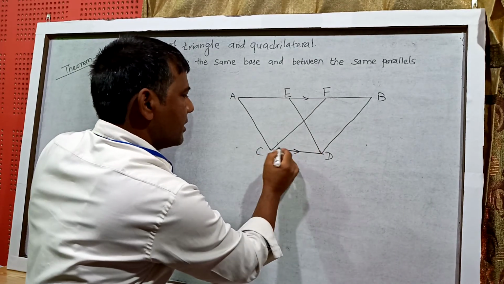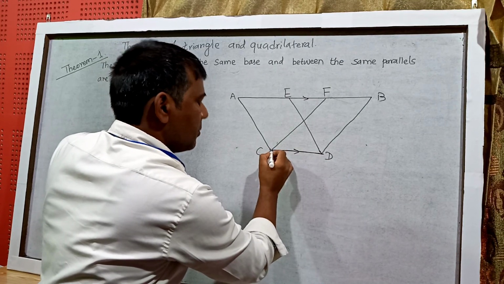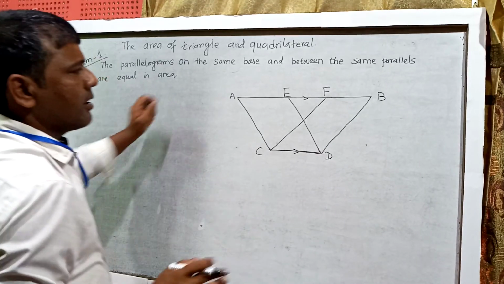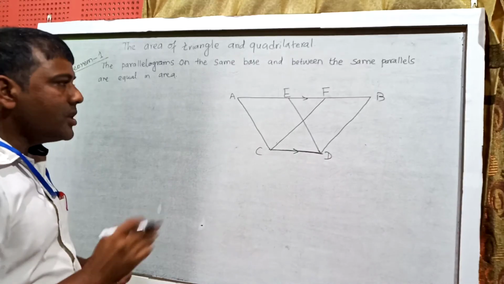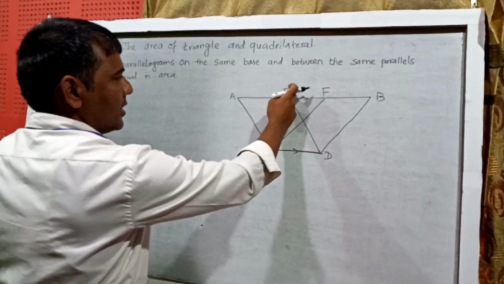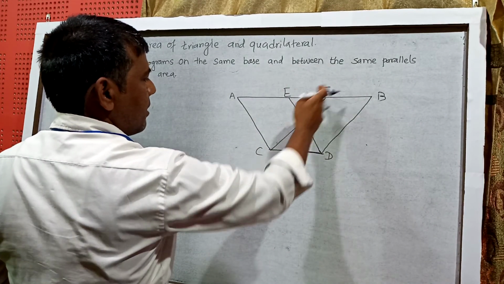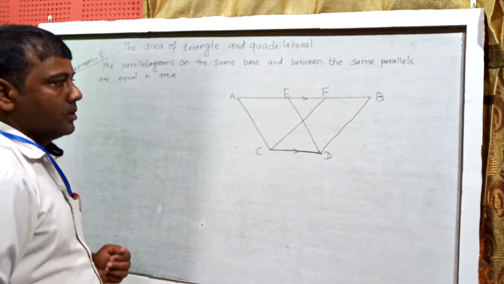Both parallelograms are formed on the same base CD, and between the same parallel lines AB and CD. In this case, the area of parallelogram ACDE equals the area of parallelogram FCDB. Their areas are equal.